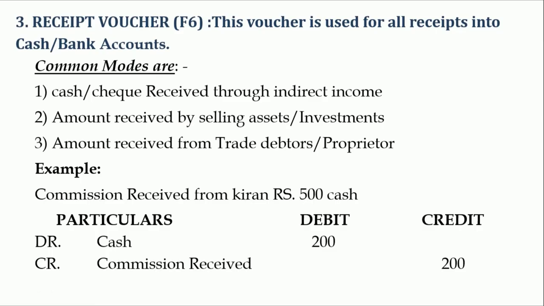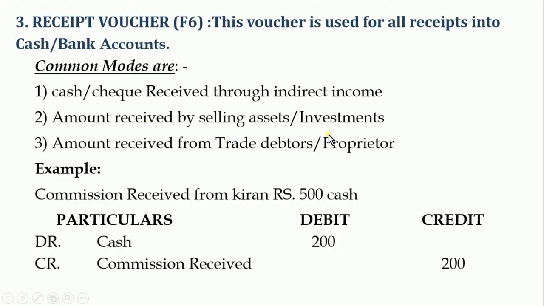Maybe, for example, fees received. It may be a service oriented business. Then fees received, interest received, or commission received. All these things we will take as indirect income, and that voucher we will take as a receipt.